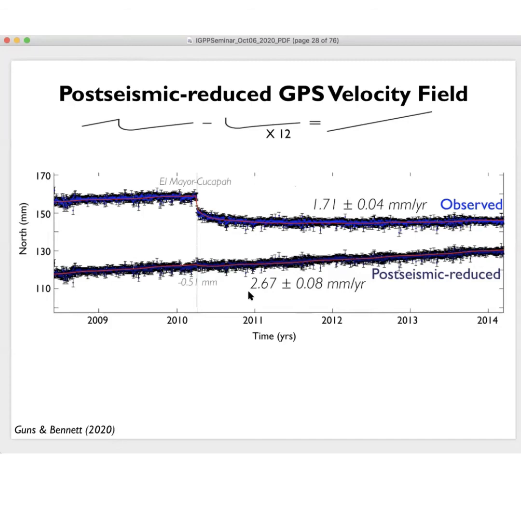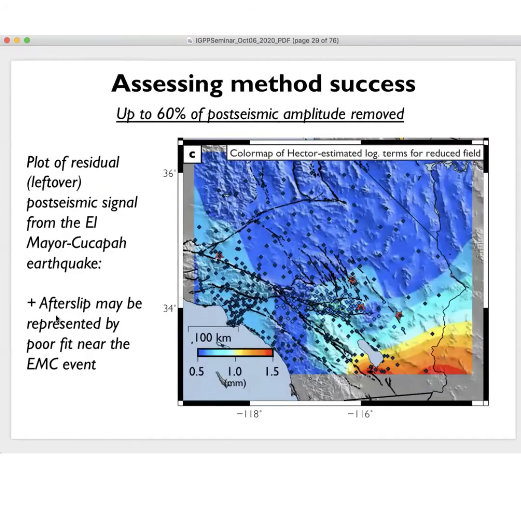So if we look at how our whole network fared with this correction, we get a plot that looks like this. We did an analysis of just the Elmore-Kukapa earthquake to see how much post-seismic amplitude and post-seismic signal we were able to remove from the observed time series. Essentially we compare the observed time series with the corrected time series and see how much post-seismic was left over in the corrected time series.